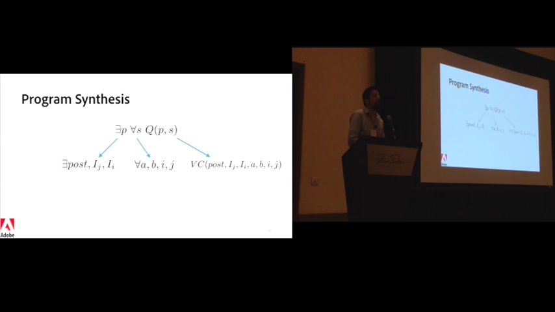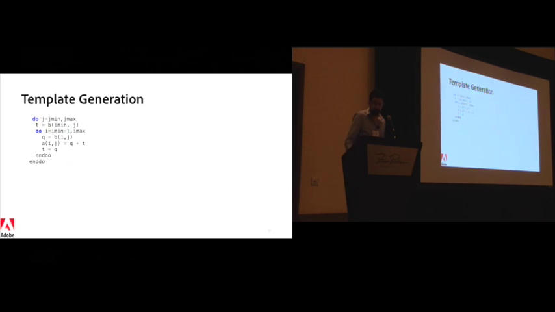For synthesis over all possible loop invariants for a stencil, we try to generate a template of what our post conditions and loop invariants will look like based on the specific instance of the stencil that we have.